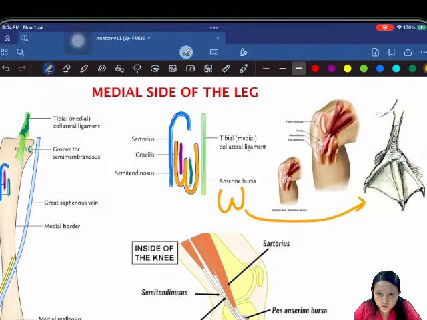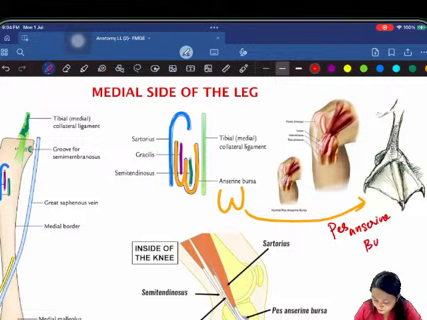This shape of the bursa is like a goose foot, and that's why it is named pes anserine. Pes anserine bursa. The meaning is like that because इसका shape है goose foot.